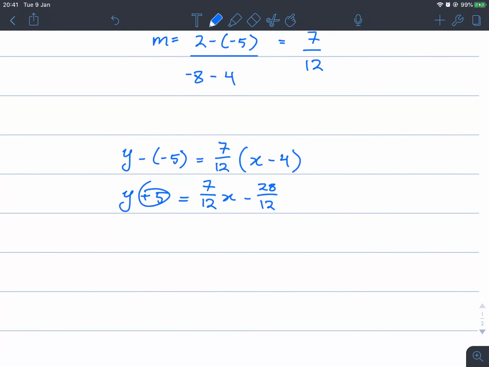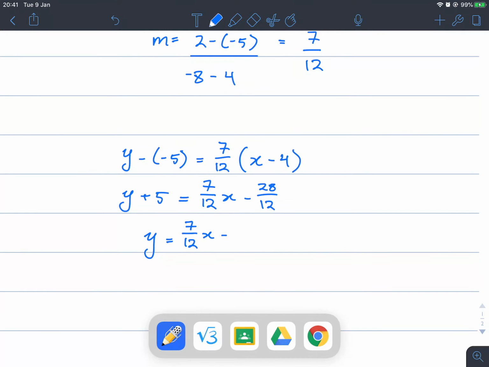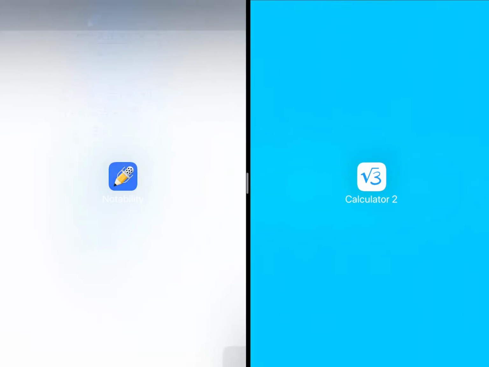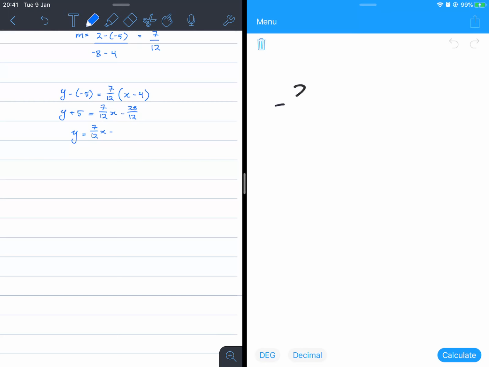Moving this to the right hand side, we get y equals 7 on 12 x minus, for this I'm just going to use my calculator, 28 on 12 minus 5, which is negative 22 on 3.